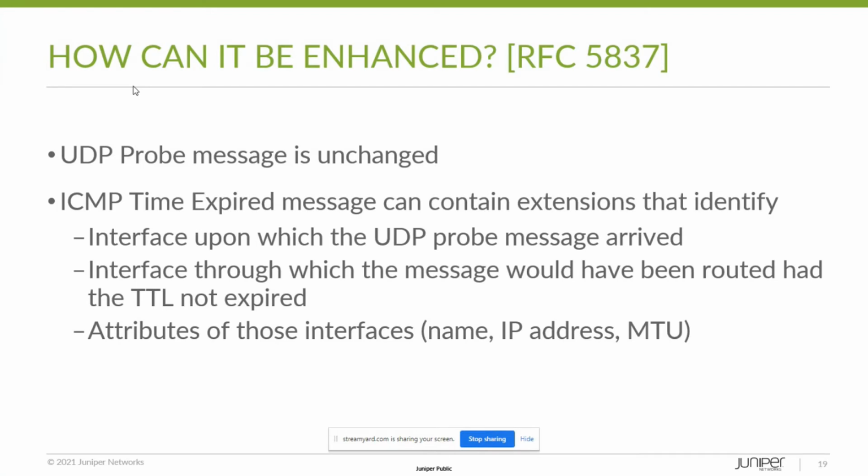The ICMP time expired message contains extensions that identify the interface upon which the UDP probe arrived, the interface through which the message would have been routed had the TTL not expired, and attributes of all those interfaces: name, IP address, MTU.